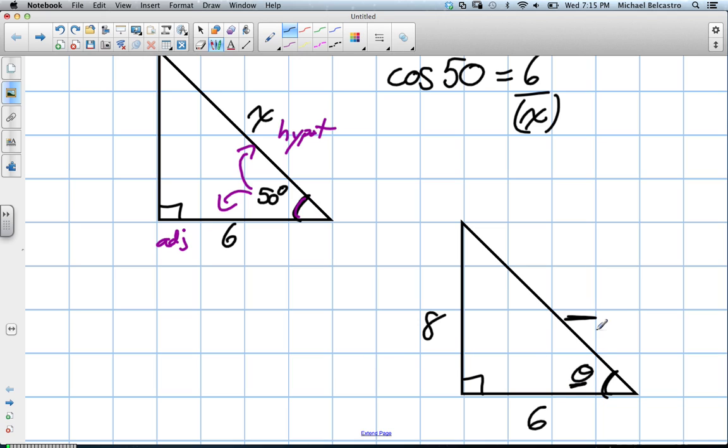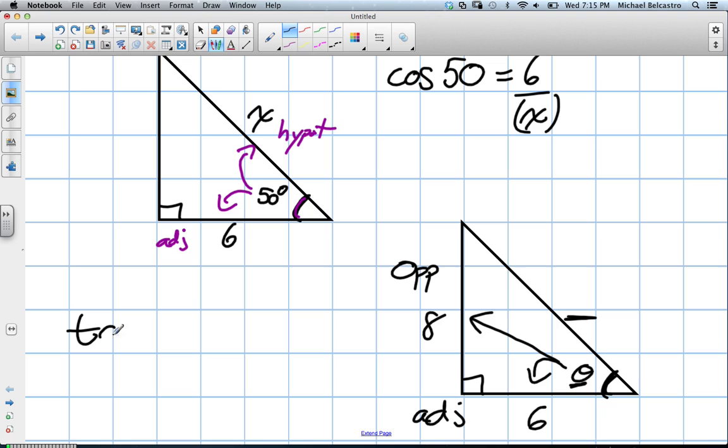I'm not looking for this side. So I'm looking for this angle here. Which of the ratios can we use? What are these sides in reference to this angle? This would be what? Opposite. Yep. And the other one? Adjacent. So what do we use with opposite and adjacent?